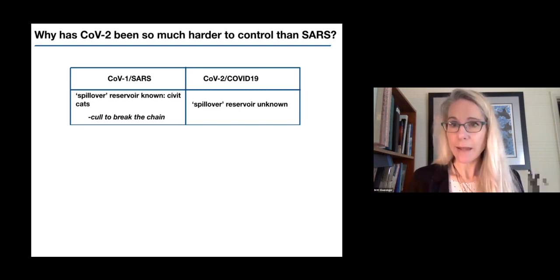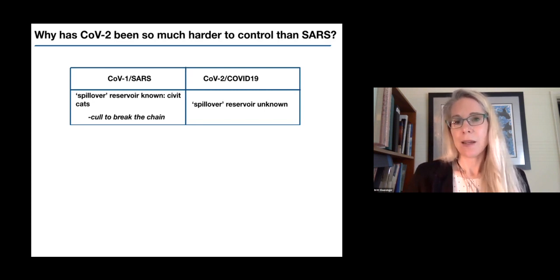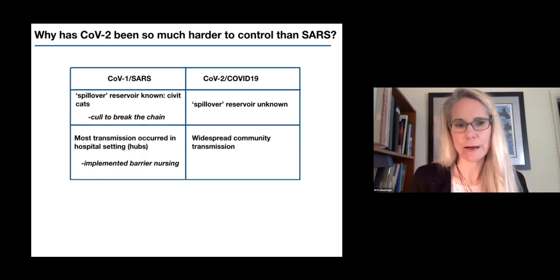These were civet cats, and so these were basically culled in order to break that chain of transmission. We don't know the spillover reservoir for CoV-2. That said, we don't, of course, think that most of the transmission is because of continued spillover anyway. We know this widely circulates human to human now. So that's less of a major reason.